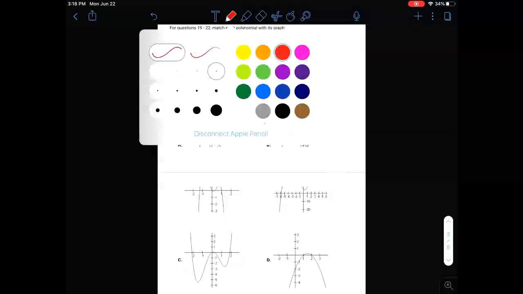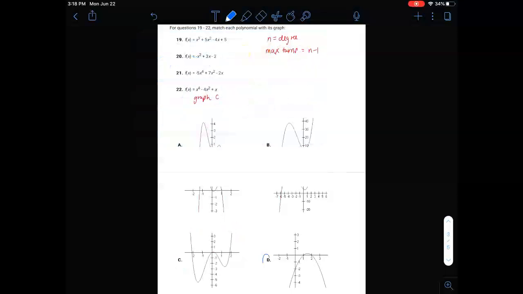Now if we look at D here, and I'll change colors just for clarity's sake. If we look at graph D here, we have 1 turn, so our degree can be greater than or equal to 2.